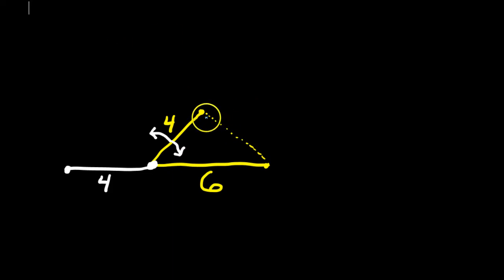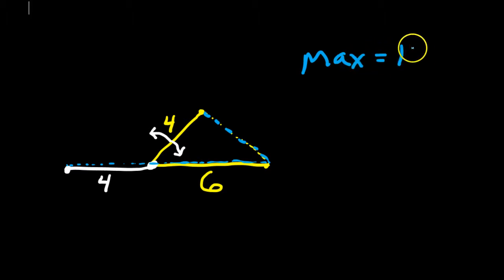Okay, let me do it in blue. So this is like a rubber band that's being stretched as we open the door. When this goes flat, then that rubber band would be stretched from one end all the way to the other. So in this case, we get the maximum length, which would be 10.